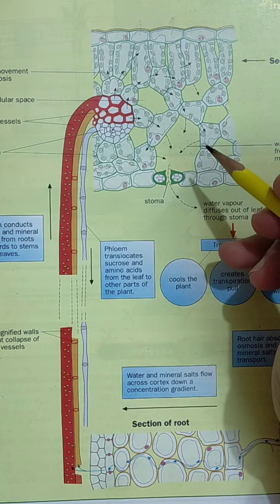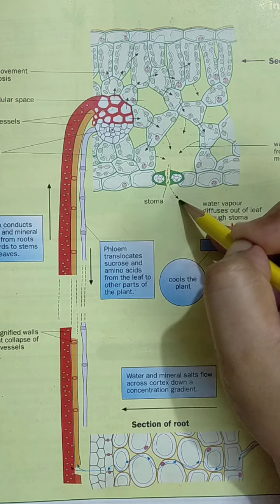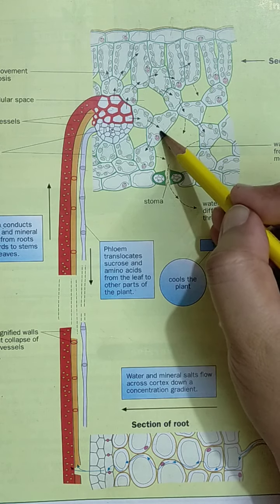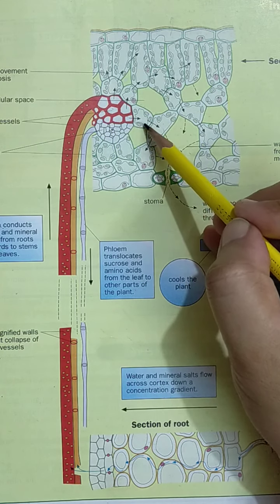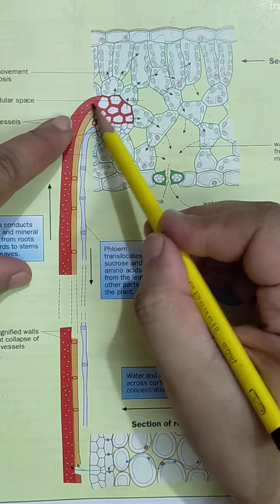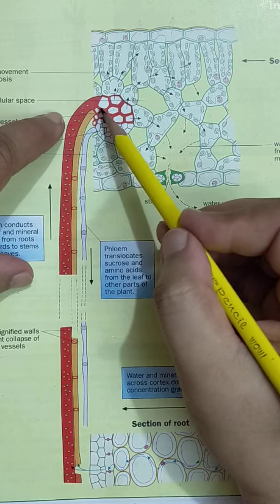So what is transpiration pull? Transpiration pull is when transpiration takes place at the surface of the leaf, a pull or suction force is developed, due to which water of the stem, meaning the xylem of the stem, will move into the leaf and move out.